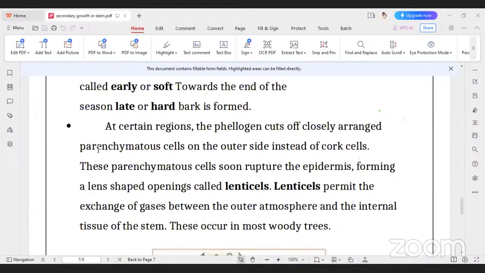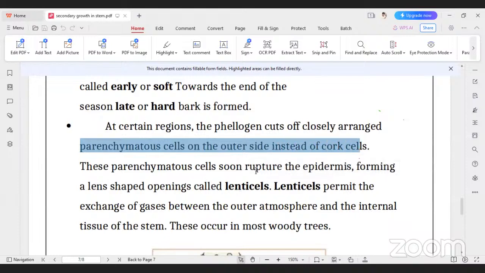In a certain region the phellogen cuts off closely arranged parenchyma cells on the outer side instead of cork cells. Actually, what are formed outside from the cork cambium? Cork cells are formed. Apart from the cork cells, parenchyma cells are also formed somewhere instead of cork cells.